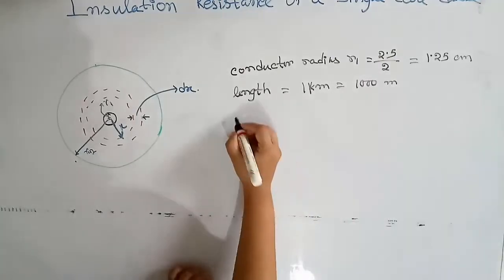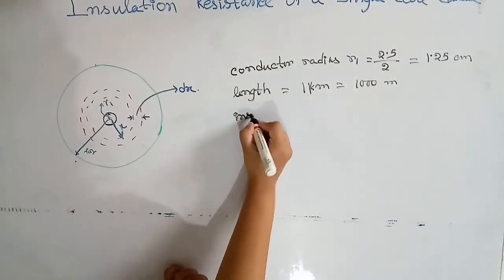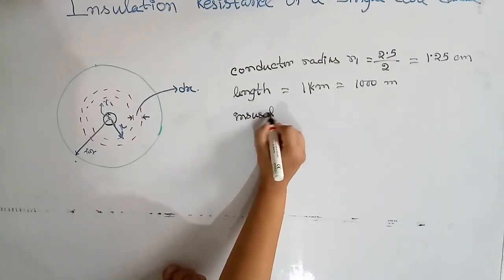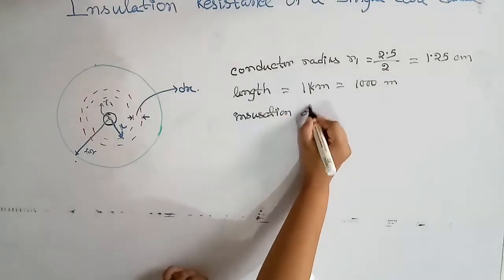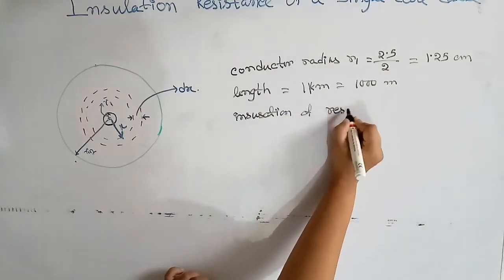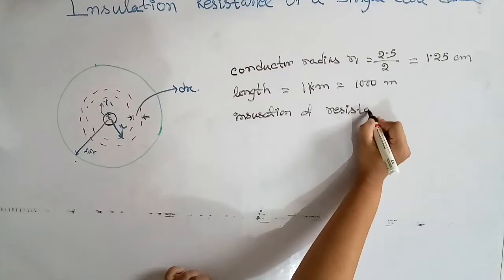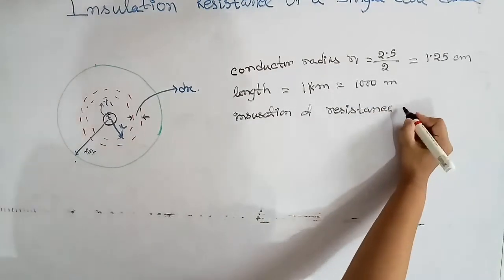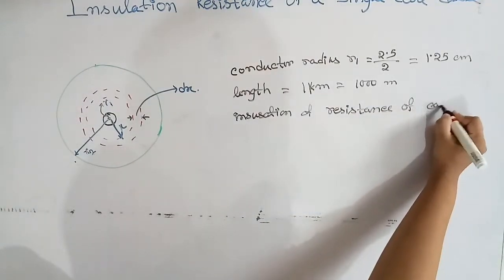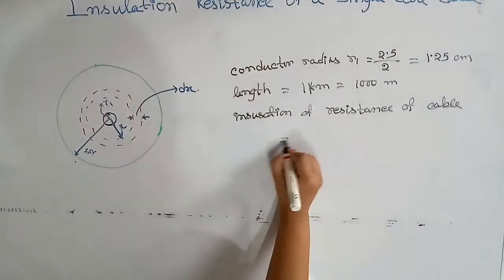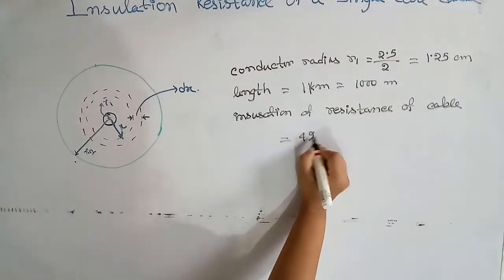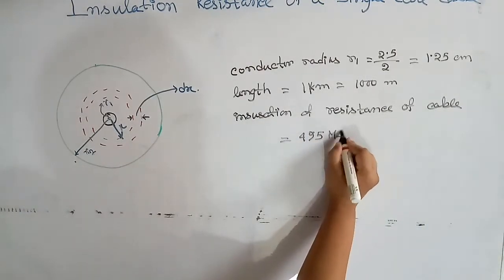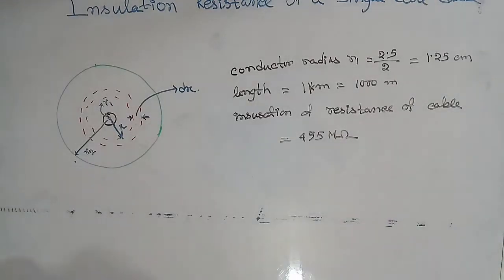What is the value of insulation resistance? Insulation resistance of cable is given by 495 mega ohm.